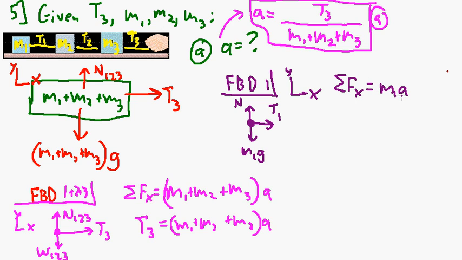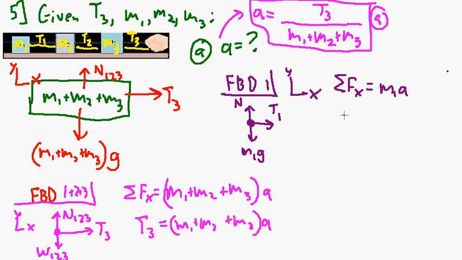What's the acceleration of block 1? Well, we just found the whole system is accelerating to the right. Remember, these cords don't stretch, so they're all moving together. That's why we were able to do this. And that means we can take this a that we found and apply it to any of these. So the sum of forces in the x direction is M1 a, and that is just T1.